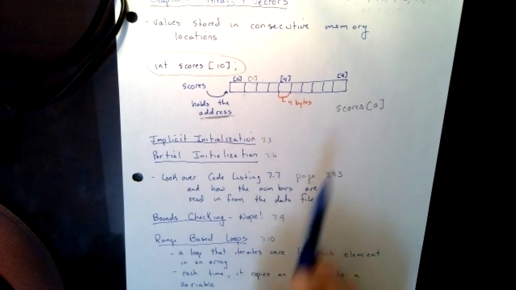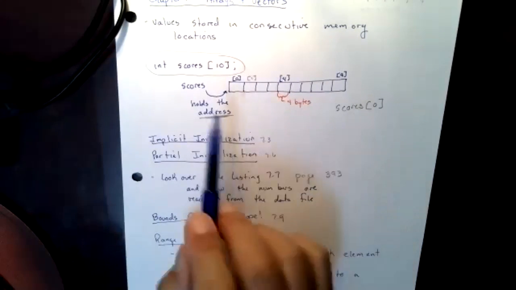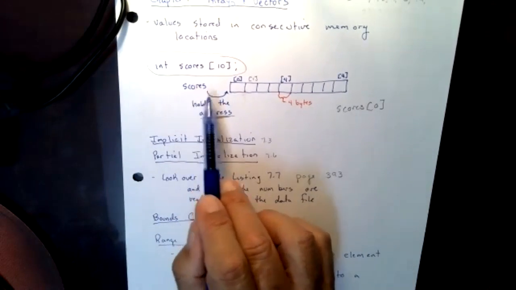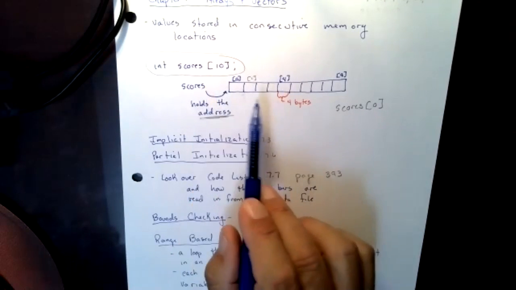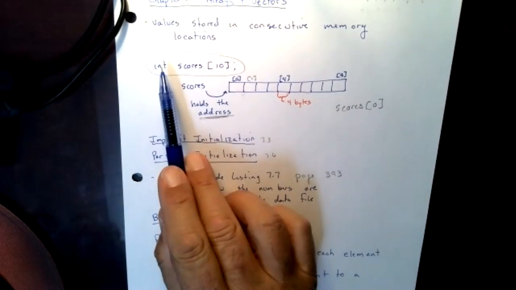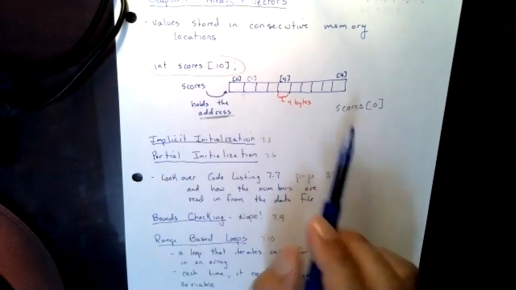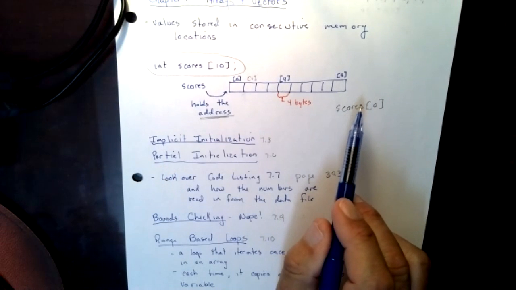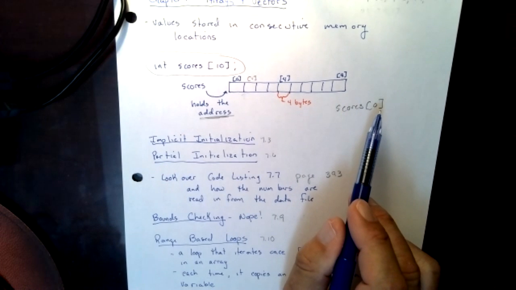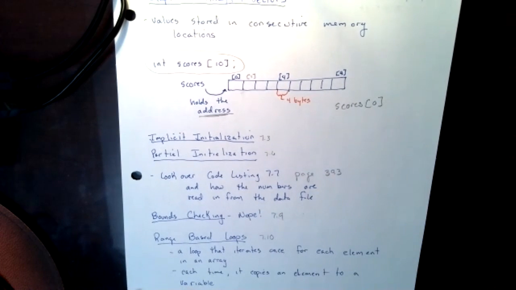So a little more breadth of what's going on with arrays. The name actually holds the address. Each one of these locations is 4 bytes. And it's sort of like going memory address plus 0 times 4 bytes, go to that spot.